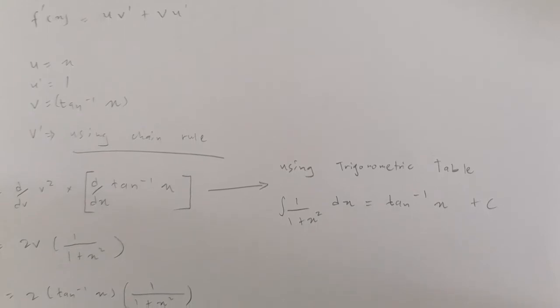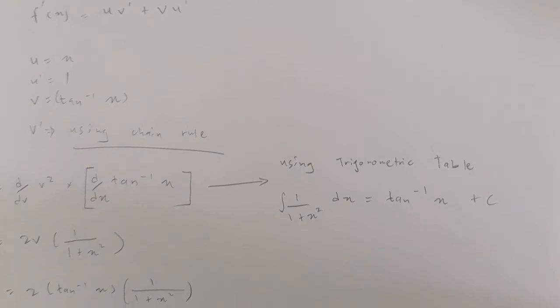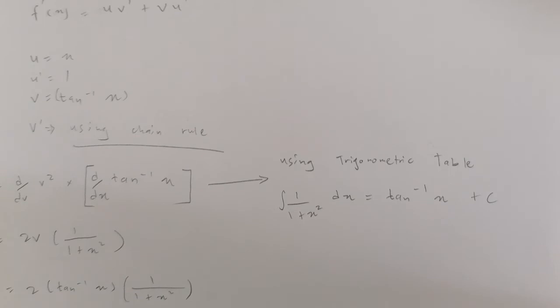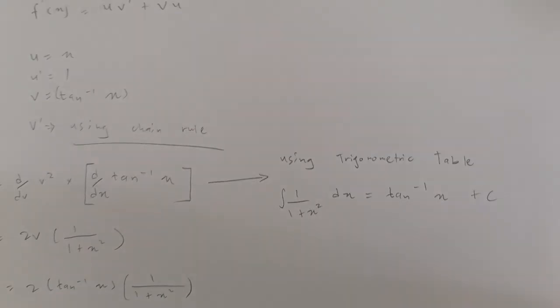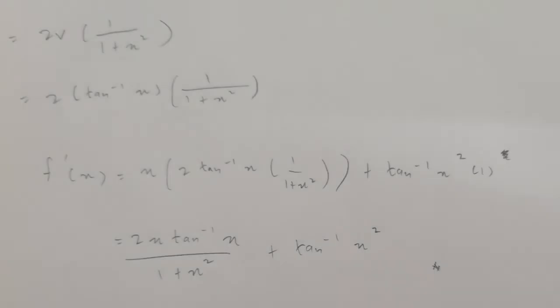My bad, integrate 1 over 1 plus x squared dx equals inverse tan x, which is what we got here. And then we put it in the previous one, and then we substitute v equals inverse tan x. Then we've got what we need.